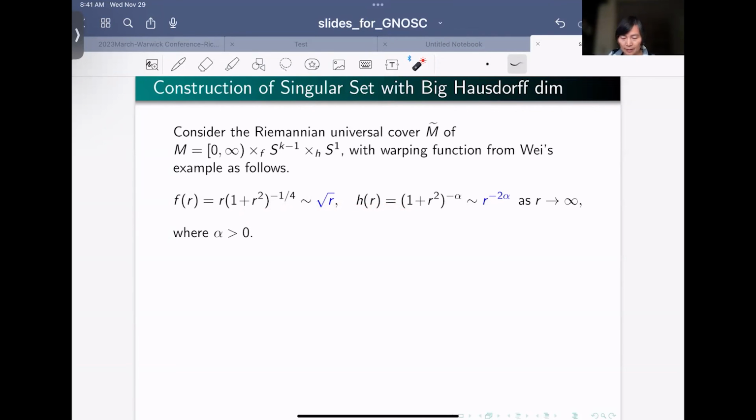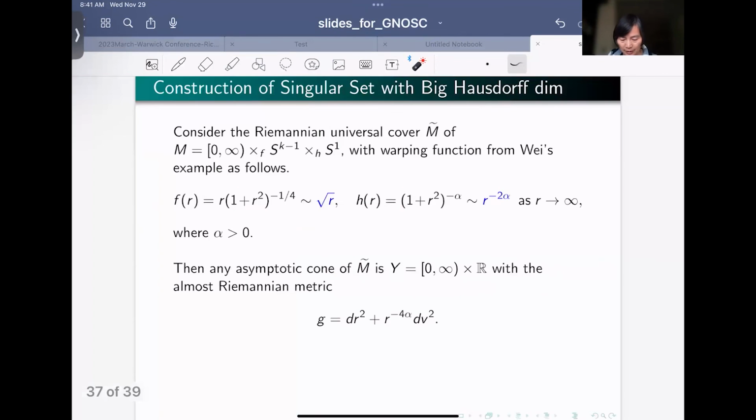Okay, so once you have that, as we said, in the earlier work we estimated the distance as Pan-Wei, but later on we can use a rescaling argument to show that. Because we look at the asymptotic cone, it's just a rescaling, so you can do the metric precisely. So this is different from earlier. Earlier, I think, we had R to the negative alpha, and this is squared, so it's negative 4 alpha.